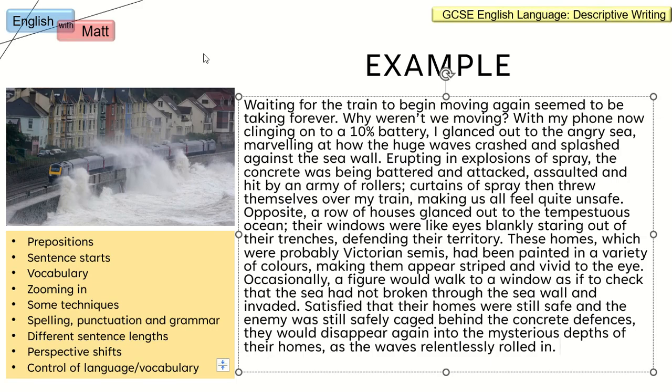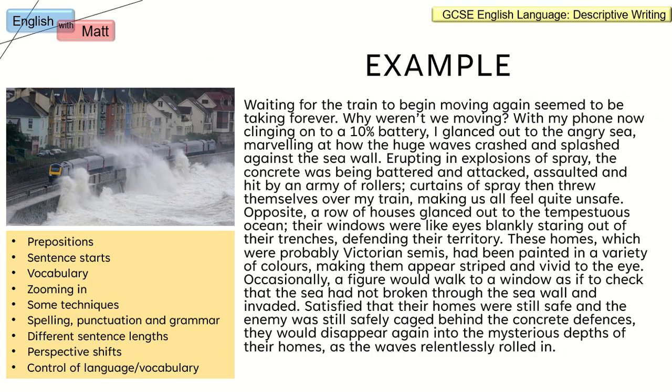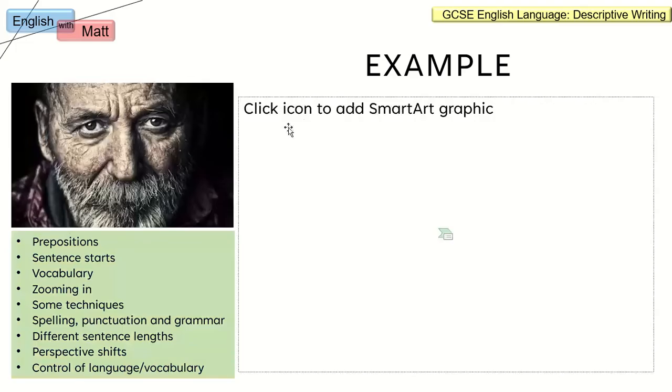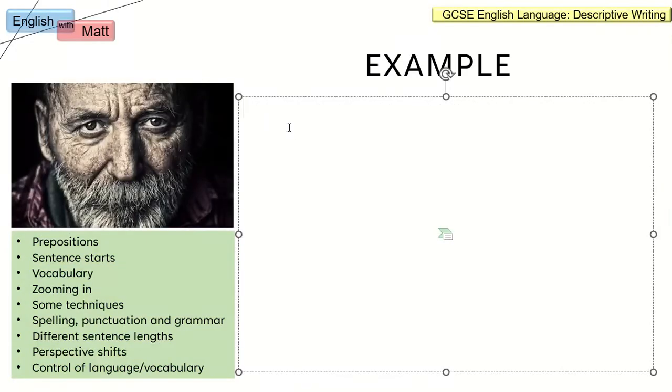Finally, the last example is the example of the older gentleman. And with this example, I'm again going to make myself believe that I am that man. So I can become a character, and I'm going to try and make myself into this character. Okay.